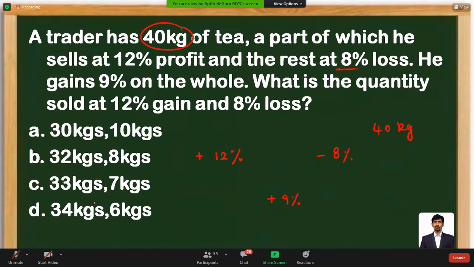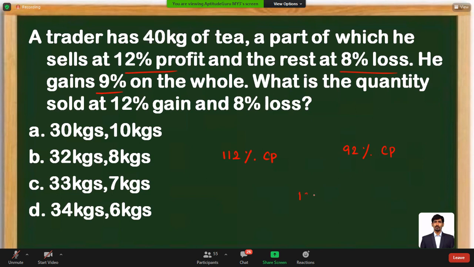So 12% is a profit, 8% is a loss. What can we do? Let me take the profit as 12 and the loss as minus 8. Overall, there is a gain of 9%.